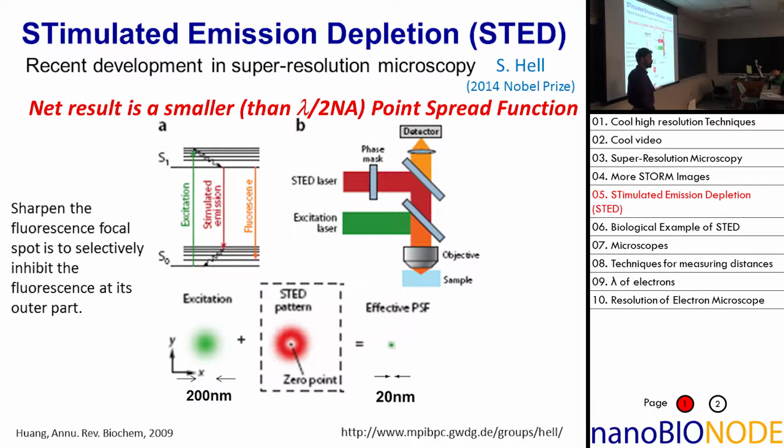Still, that's a factor of 5 or 6 better than 200 or 250 nanometers. And this idea won Stephen Hell, the person who invented it, a prize. And it does work: you get something like 190 nanometers with what they call the confocal. We won't worry about it. And with STED, we get on the order of 35 nanometers.